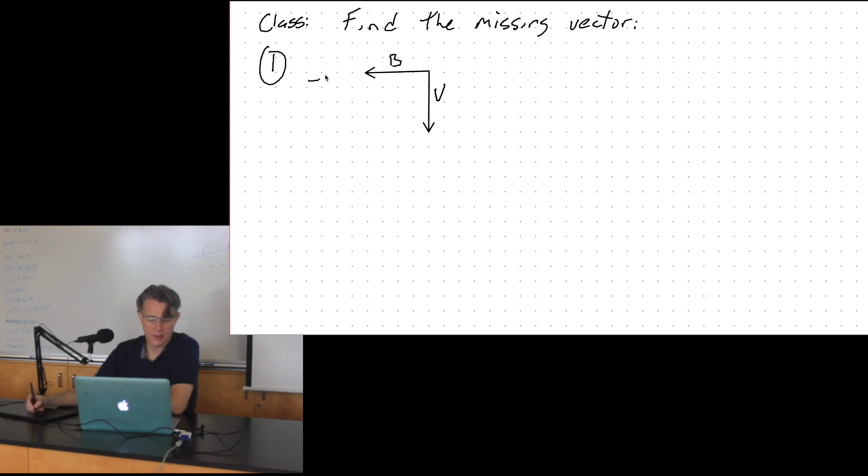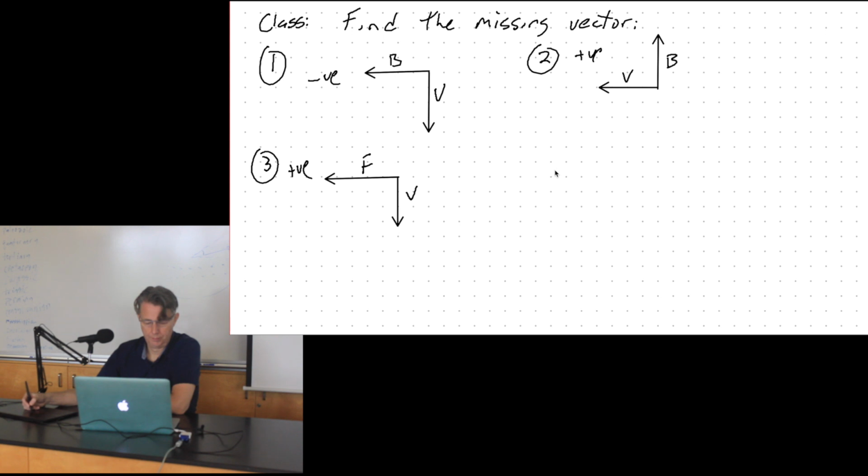VB, and why don't we say it's negative, and then 2. And positive. 3. F, V, positive. 4.